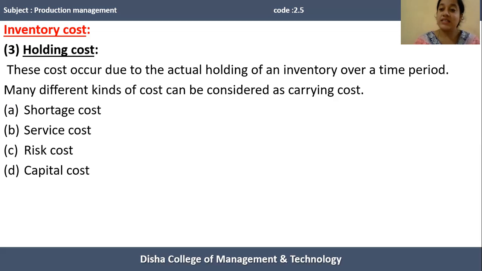So for that reason, the firm is required to pay some amount of interest on the procured capital. Whatever the interest the firm pays due to borrowing the amount for procuring the items, that cost is known as capital cost. So these are the holding costs. Means these costs are associated with holding of actual inventory in warehouses.